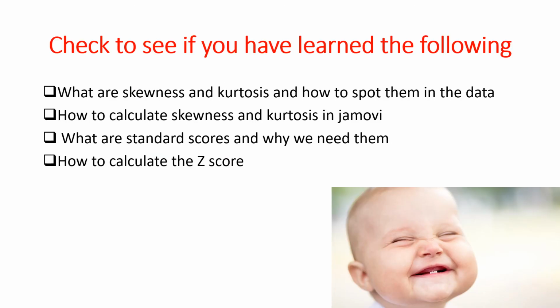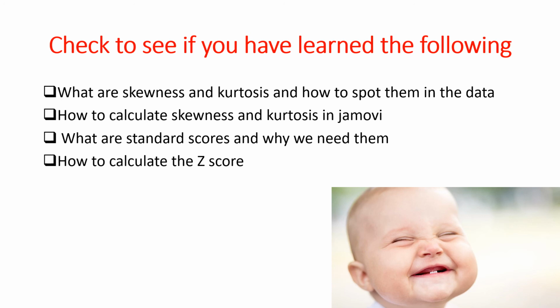This is the end of the second session on descriptive statistics. It was a short session. At the end of this session, I expect you to know what skewness and kurtosis are and how you can spot them in the data. I expect you to know how to calculate skewness and kurtosis in Jamovi once you have the data.